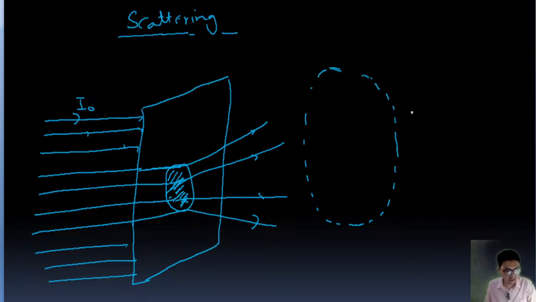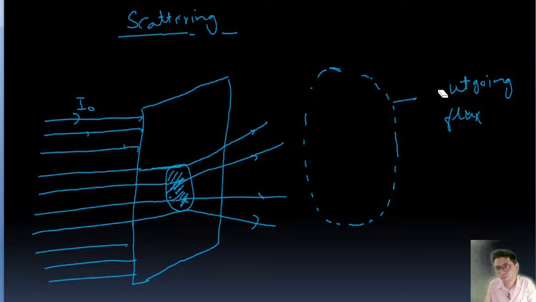So this is the outgoing flux, and this is the incident flux.